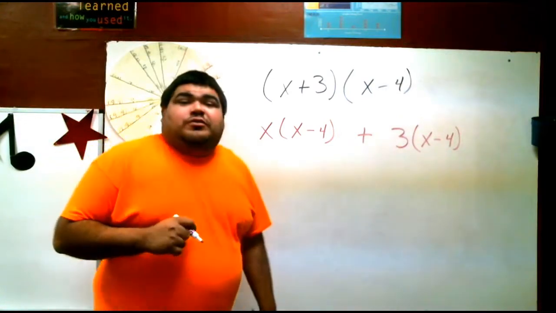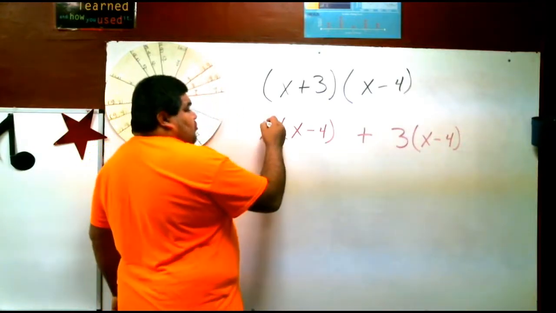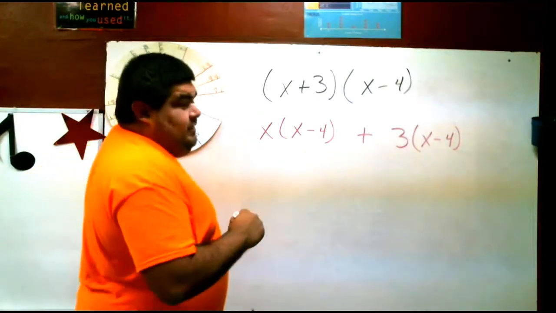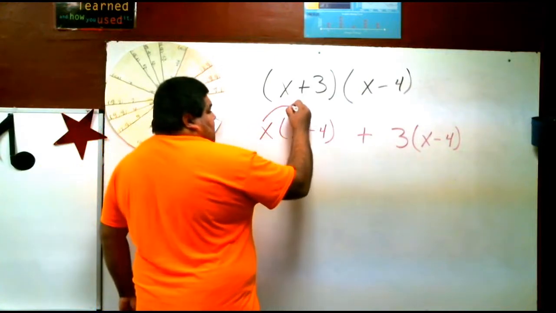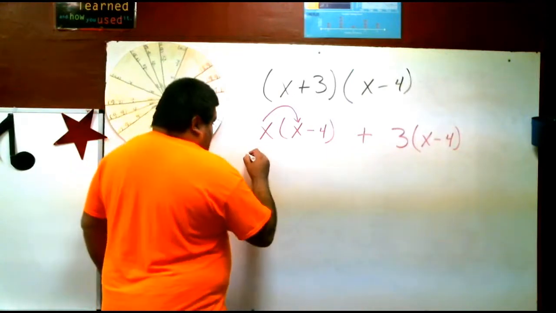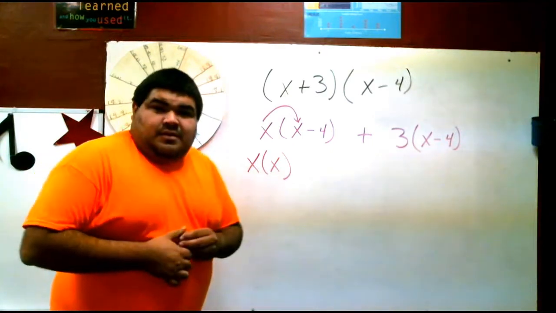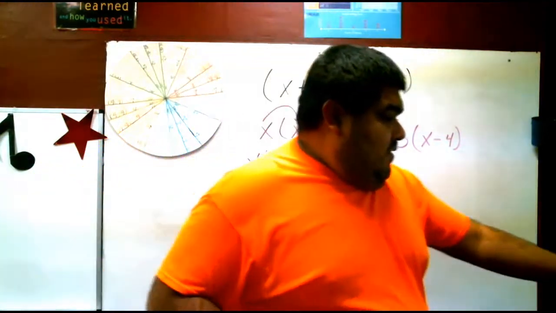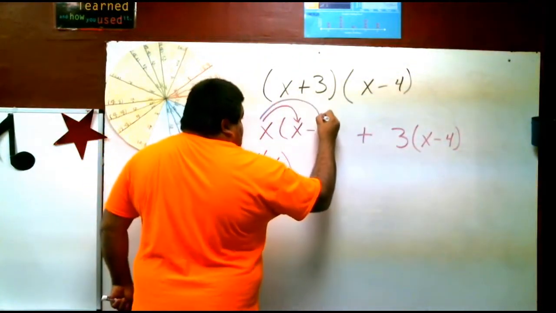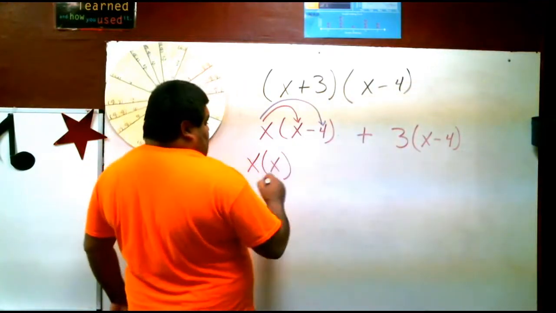Now we're going to use what is called the distributive property. Distributive property is when you multiply the number on the outside, or variable in this case, with the terms on the inside. So we have x times x. Then we have the x times the other number, which in this case is minus 4.